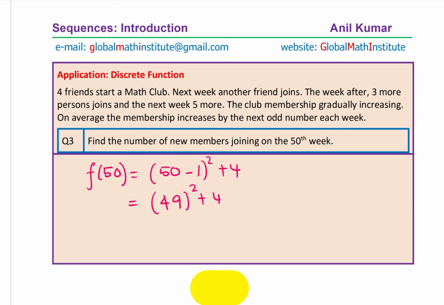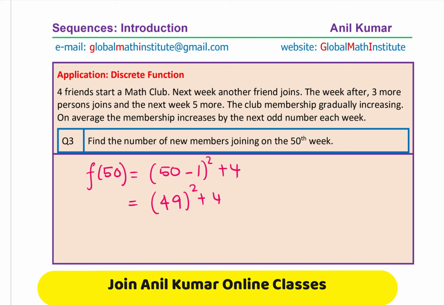We can use the calculator to find the answer. 49 squared is equal to 2401, plus 4, and so we get 2405 as the number of persons joining on the 50th week to this club.